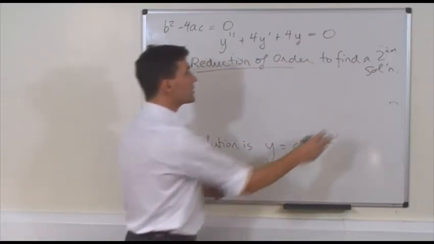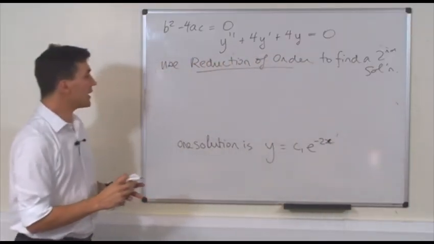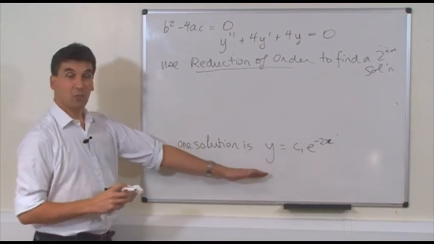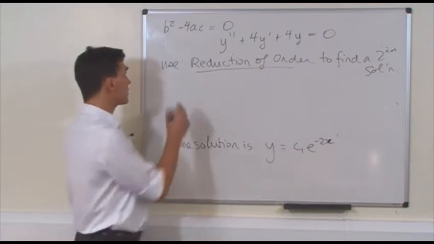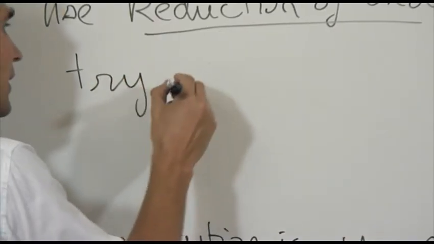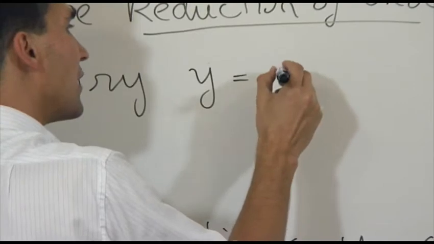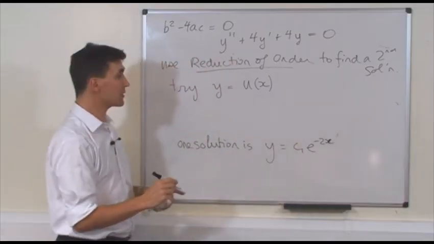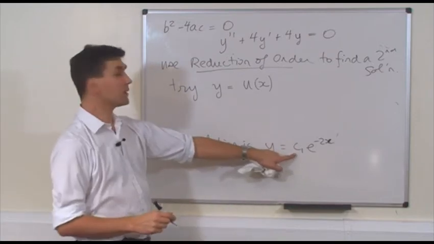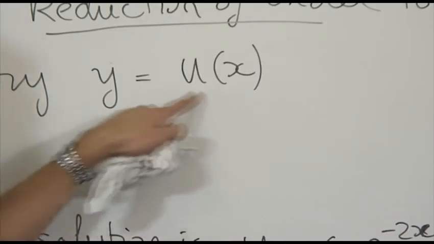Okay, so the way that works is we take as our guess for y an unknown function times this solution. So we'll try y is u of x. So u of x is an unknown function times that solution. And I don't have to put that c1 in there because that c1 can be absorbed into the u.